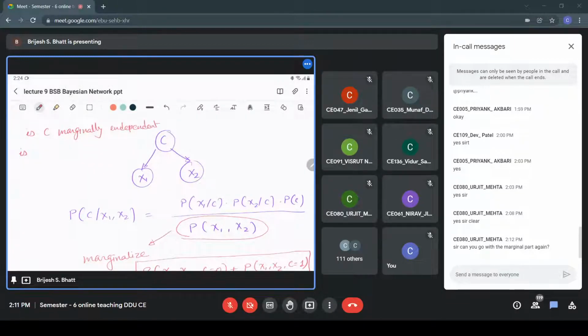Are x1 and x2 conditionally independent? So we need to look at this and know this. We just did this so far through visual evidence only, but now we know the procedure. Then, are x1 and x2 marginally independent?